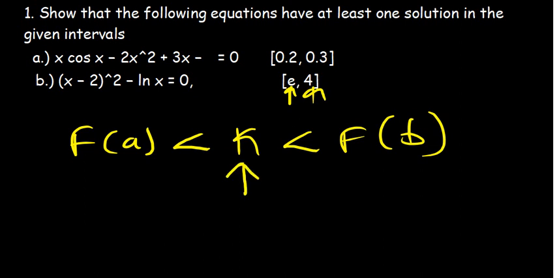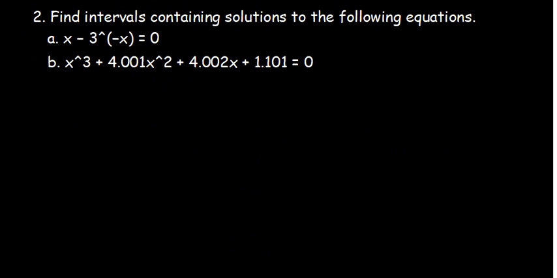In this case we are saying it's 0. The fact that this one is negative and the other one is positive, with the function being continuous, tells us that there is a 0 in between. So there should be a solution in between, because this k is representing the value of y.